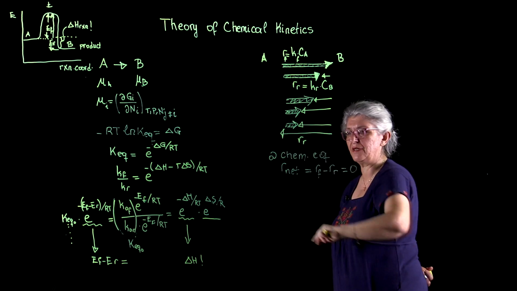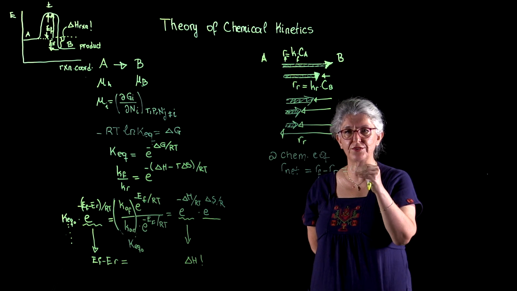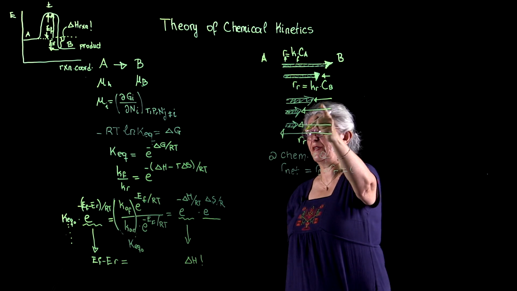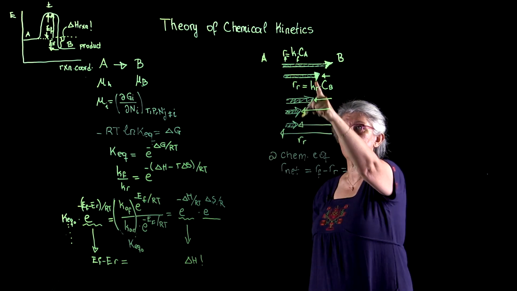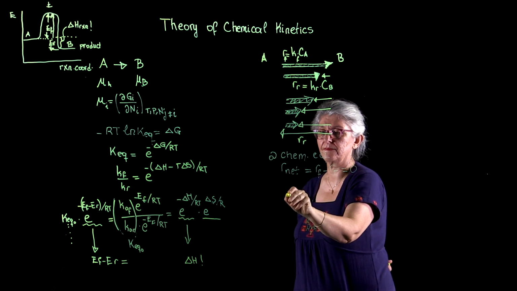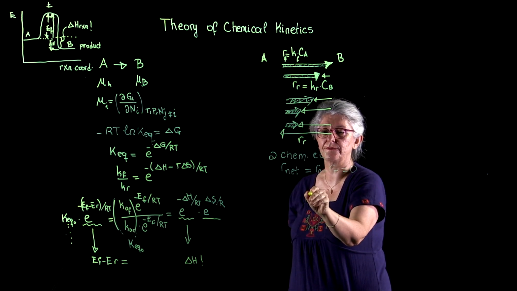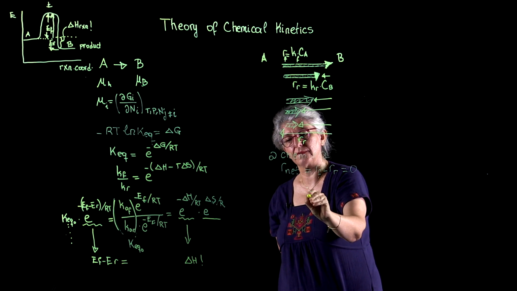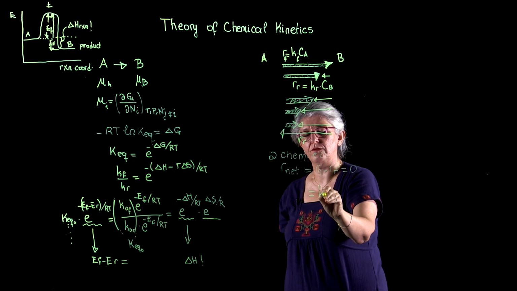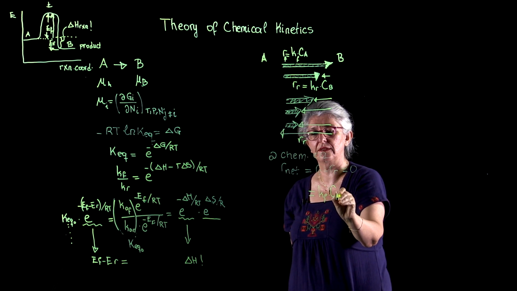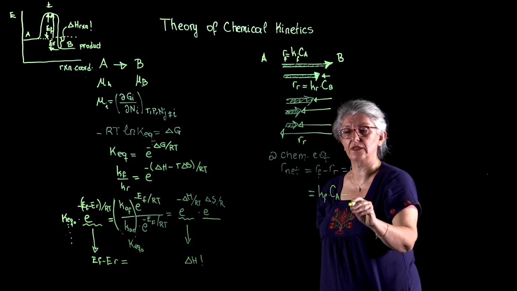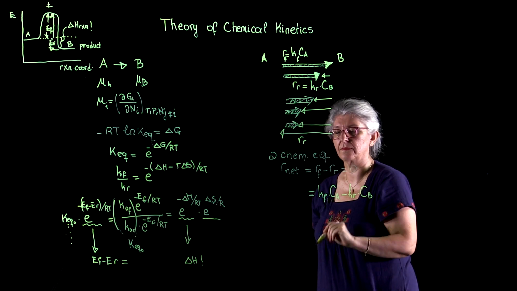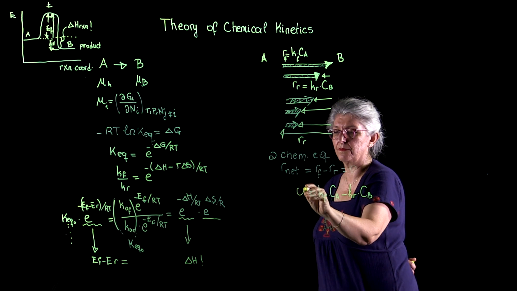We are going to derive similar expressions from our conceptual understanding of the rates and relate kinetics to thermodynamics. So rate forward was K forward times CA. Rate reverse was K reverse times CB. And at equilibrium, it's 0.